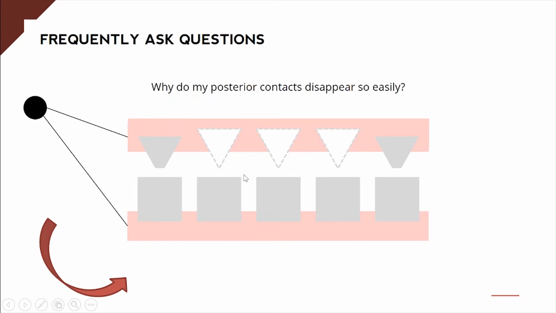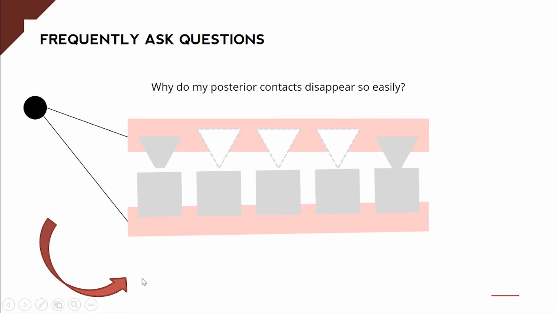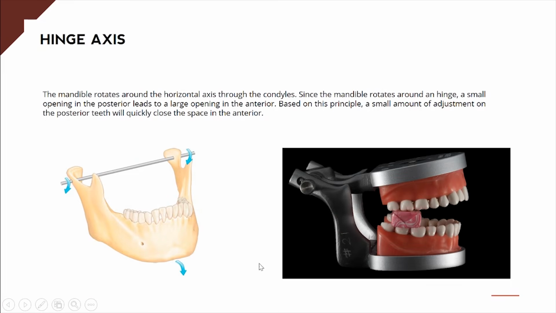It's not a straight up and down movement, but rather there's a rotational component that rotates the teeth together. So if you adjust exactly the same amount in the anterior and posterior, as the jaw rotates, you're going to get the anterior teeth to touch first before the posterior tooth does.